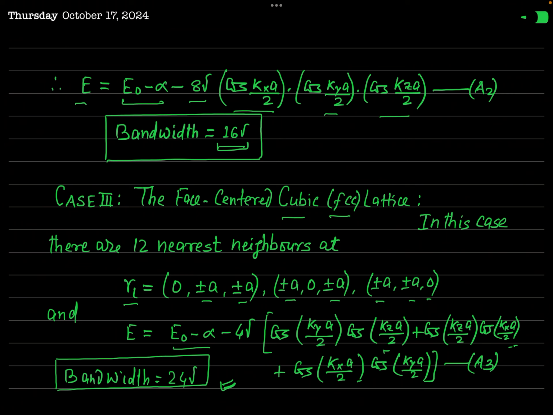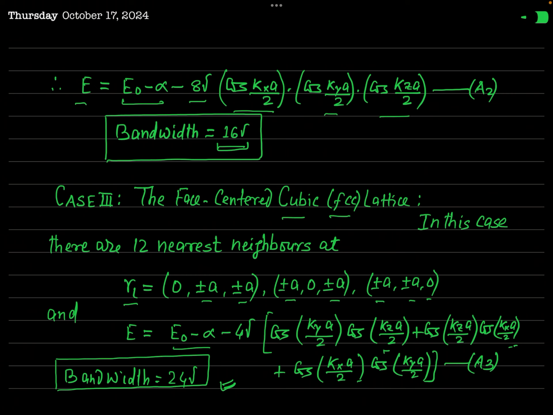In this case the overlapping is to a greater extent, because we learned in the first part of the lecture that the width of the band depends on the extent of overlapping. As the overlapping becomes larger, the bandwidth becomes larger. So the face-centered cubic system is more closely packed than the body-centered and the simple cubic systems.